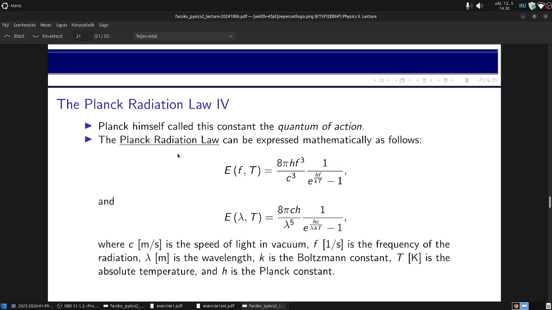So this is the wavelength of that photon. It's okay? Understandable?